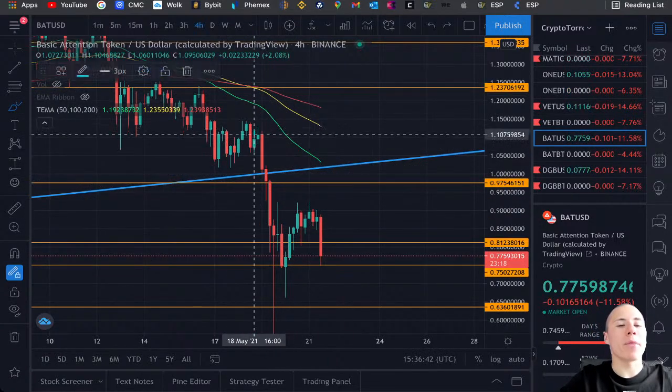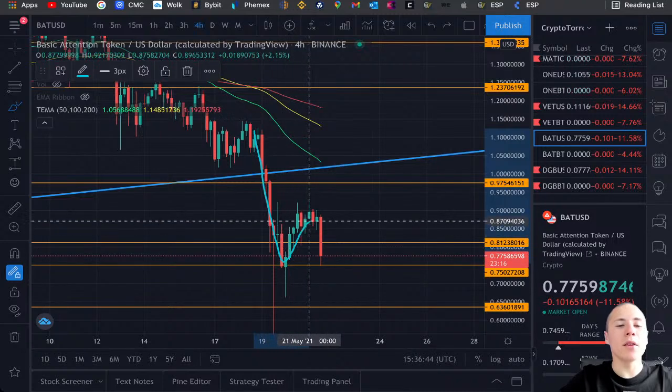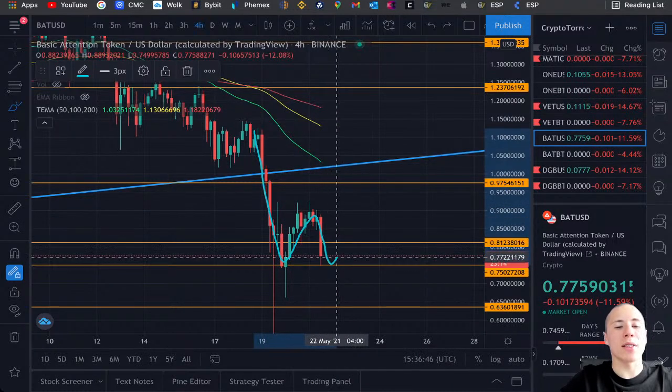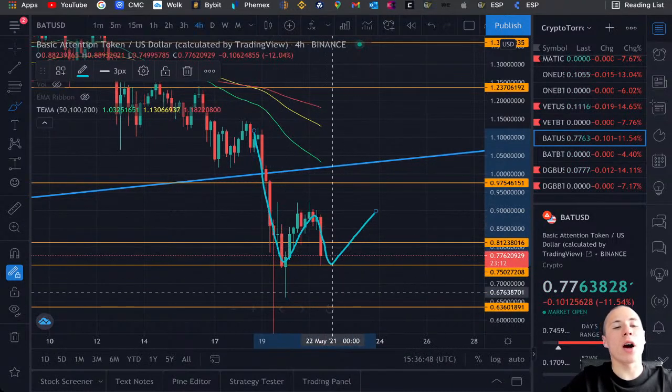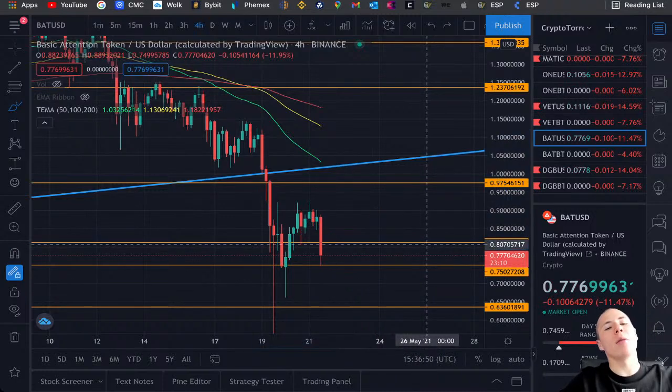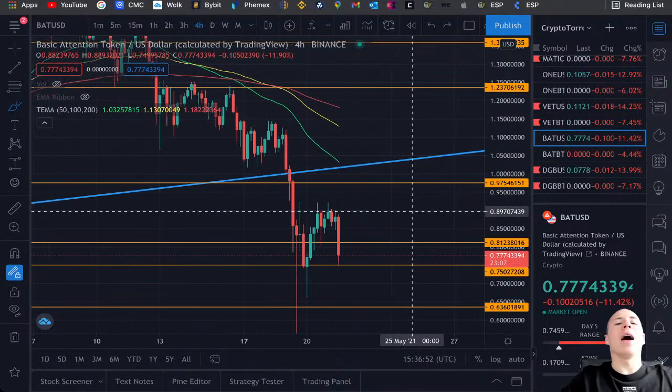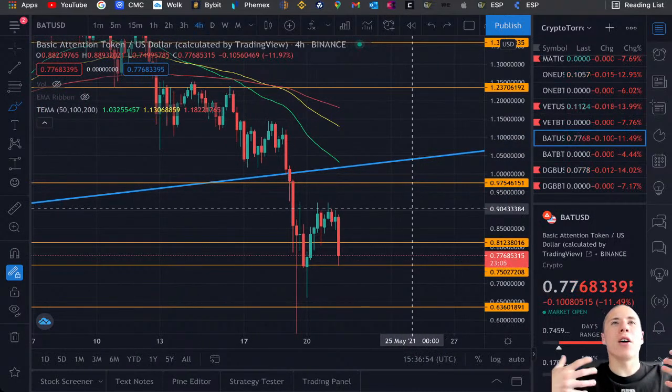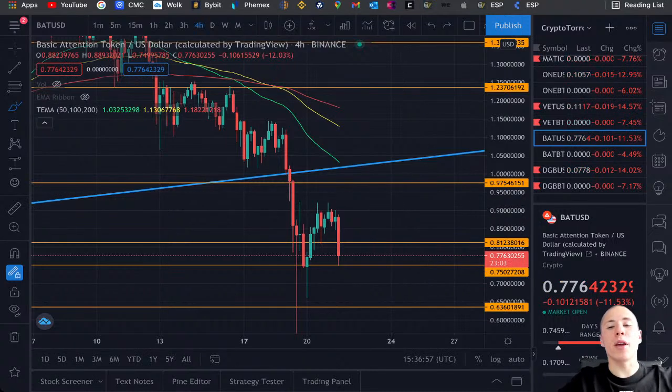And what I think is very good to look at right now is that on the Basic Attention Token, we are as well seeing a W structure being created. And that's actually also the reason why I think that we will be seeing a trend reversal being created on Bitcoin.